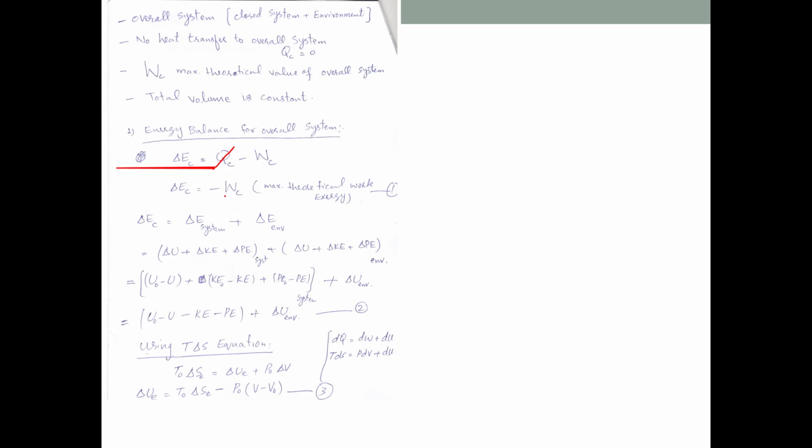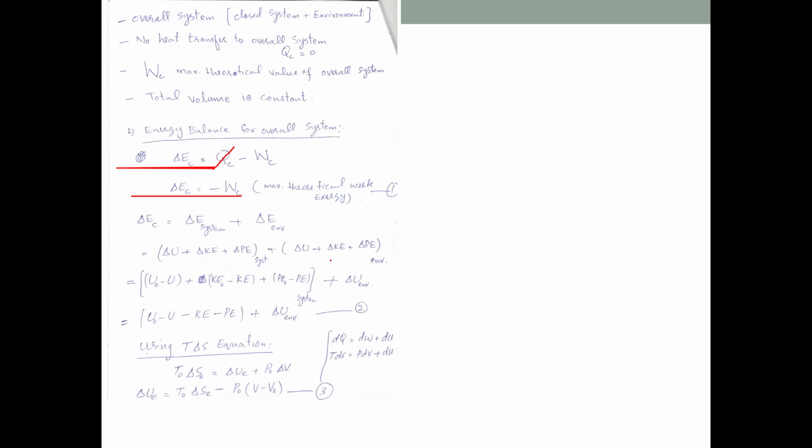So in order to calculate this value, exergy WC, we have to calculate the change in energy of the overall system. The change in energy of the overall system is equal to the change in energy of the closed system plus the change in energy of the environment. The change in energy of the system is further equal to change in internal energy, change in kinetic energy, and change in potential energy.